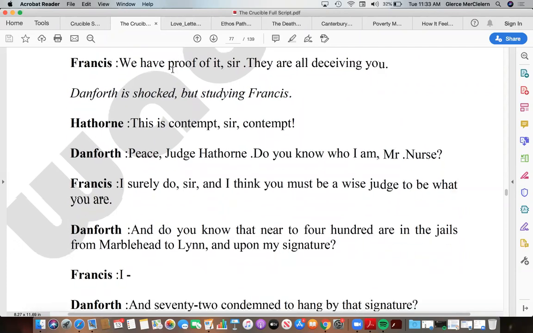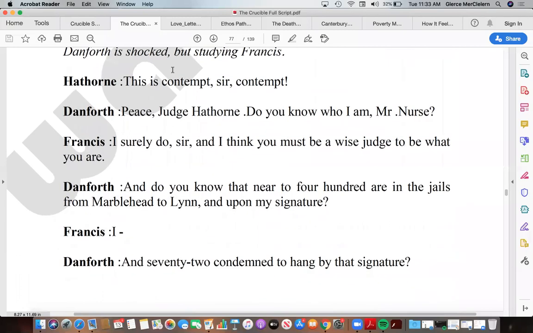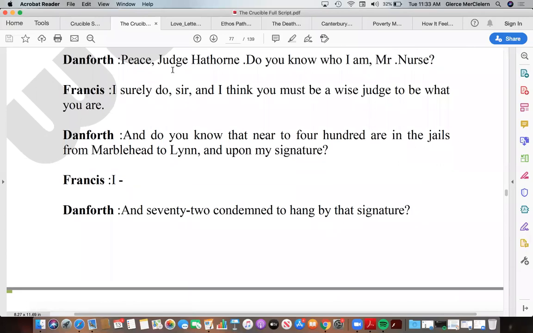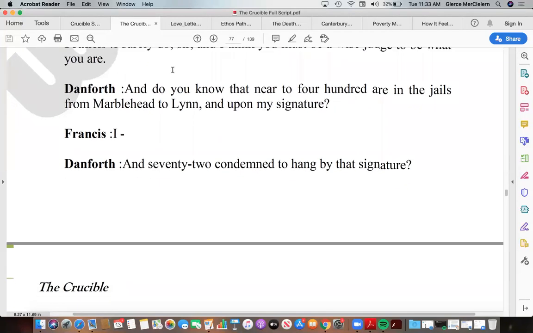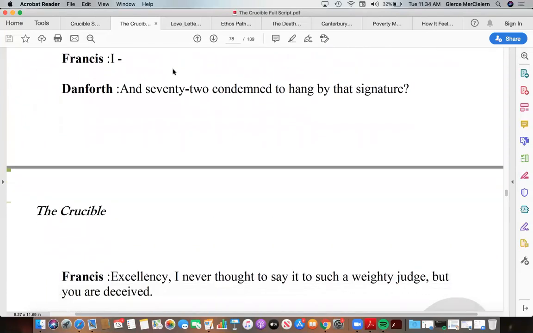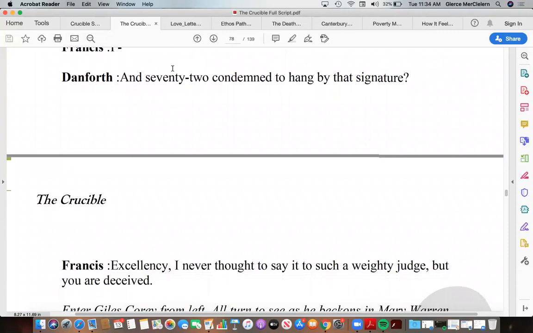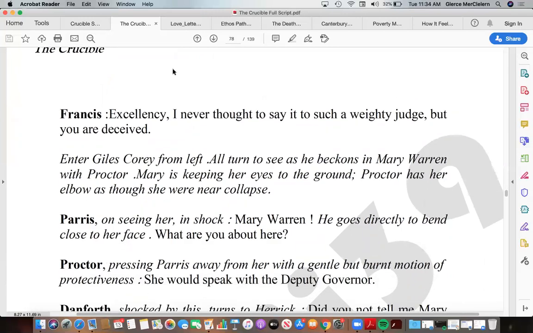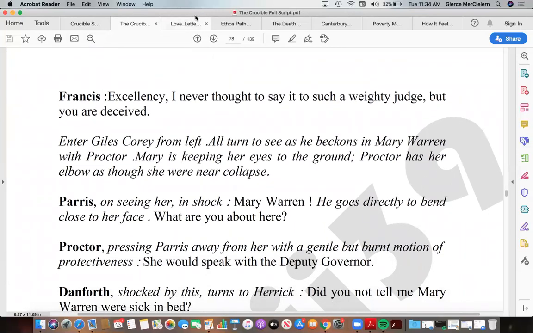I surely do, sir, and I think you must be a wise judge to be what you are. And do you know that near to 400 are in jails from Marblehead to Lynn, and upon my signature? And 72 condemned to hang by that signature. Excellency, I have never thought to say it, a weighty judge, but you are deceived.